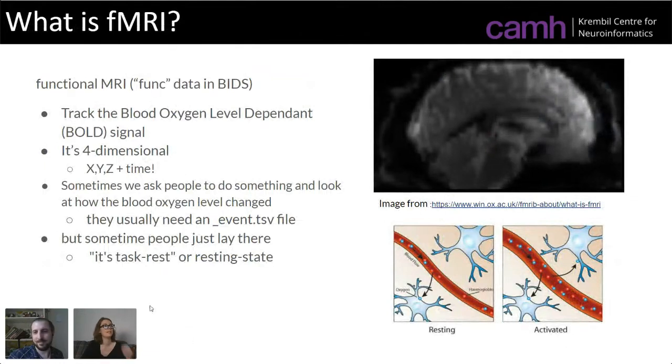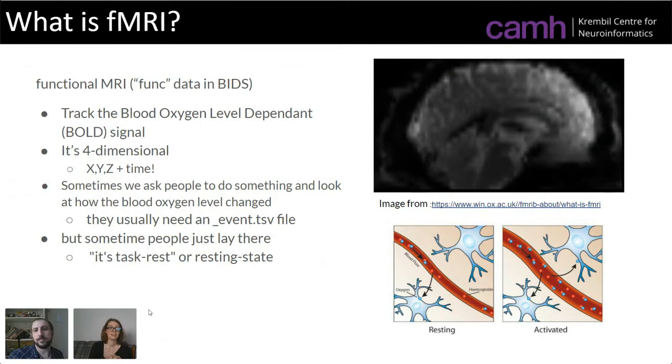Now we're going to talk about fMRI. We call it functional MRI, or functional magnetic resonance imaging. Sometimes we refer to it as BOLD imaging, which is maybe a bit more realistic. BOLD stands for blood oxygen level dependent signal. It's really important to understand that this is all we have.